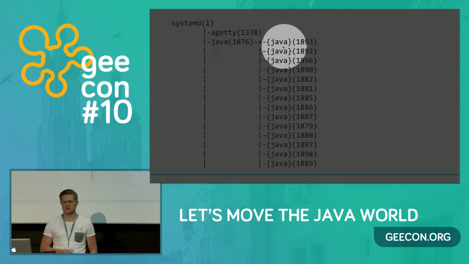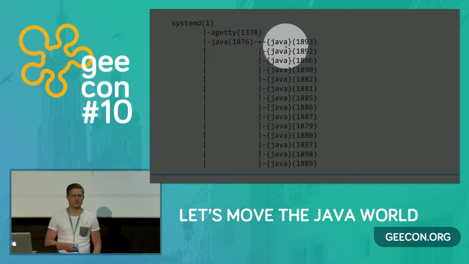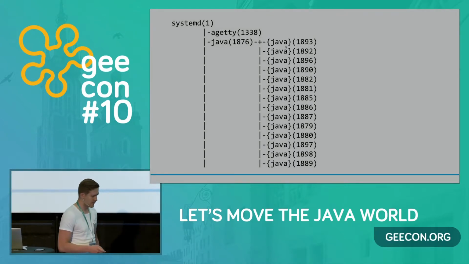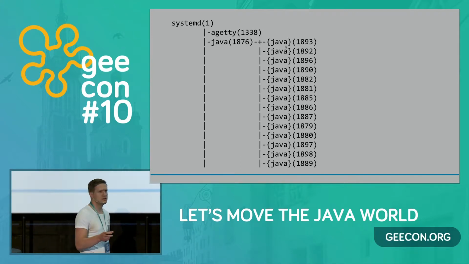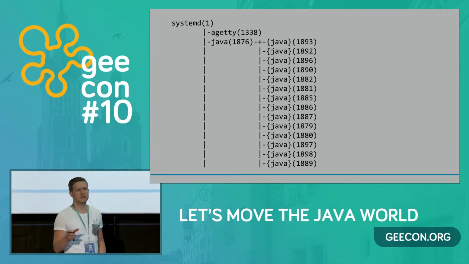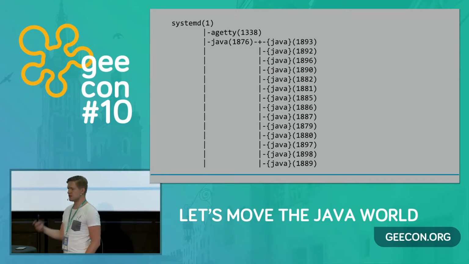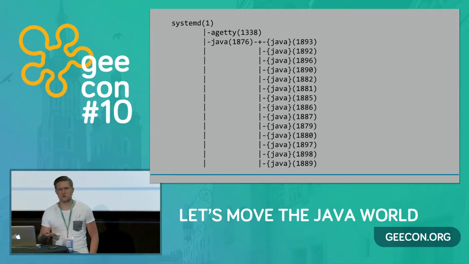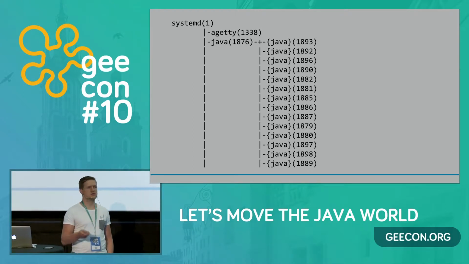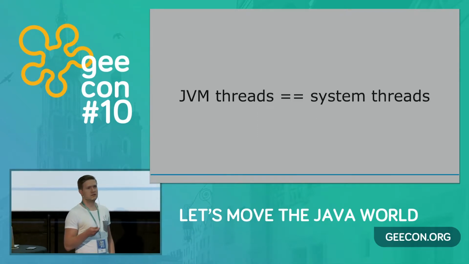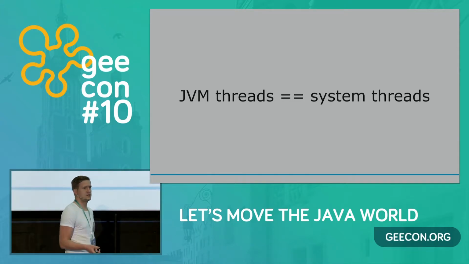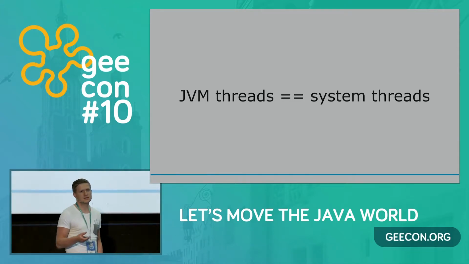Those are the threads. The ones in curly braces are the threads. So pstree is a system-level tool, and using it I can see threads in Java. The only logical conclusion is that threads in the JVM are native threads, system threads. And this is how it actually works.